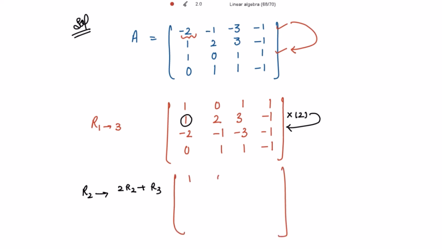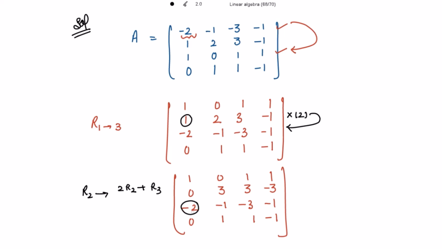So writing the first row as it is and the fourth row as it is, multiplying row 2 with 2 and adding this to the elements of the third row: 2 minus 2, 0. 4 minus 1, 3. 6 minus 3, 3. And minus 2 minus 1, that is minus 3. Is it okay? Fine.